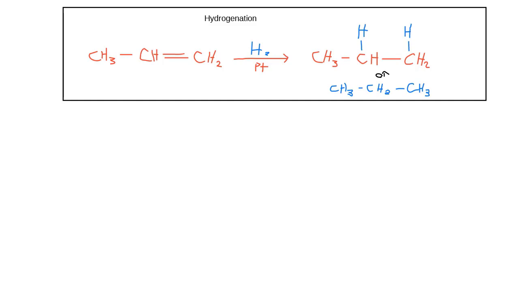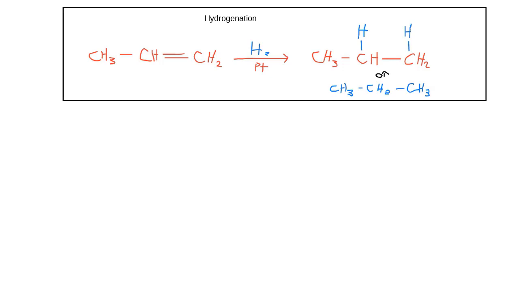Hydrogenation kind of got a bad rap for a while because of the hydrogenation of fats to make them less reactive and more stable, and in other words, prevent them from spoiling. It also has some unfortunate consequences to the health of those who eat them.